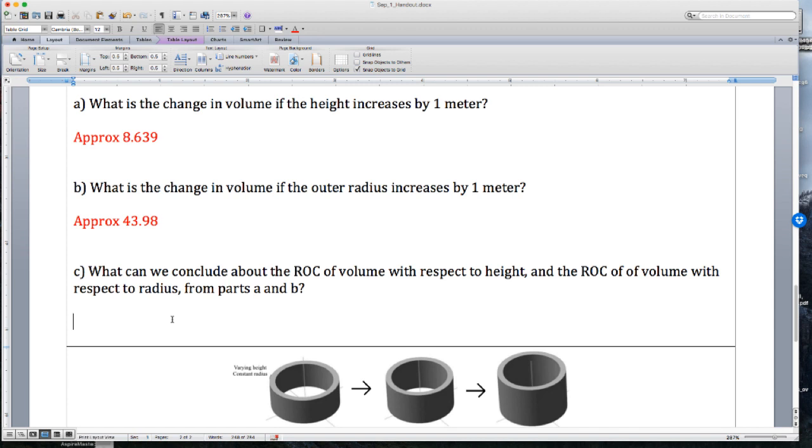Area of the base. So now you've got a big circle minus a small circle.